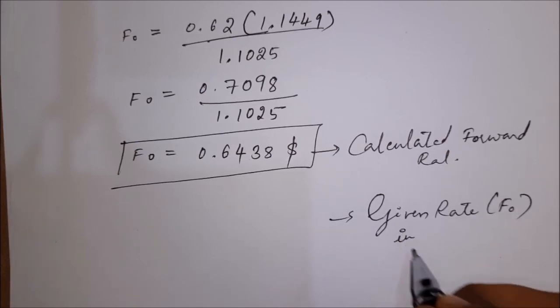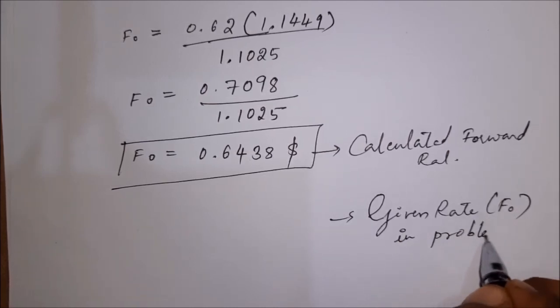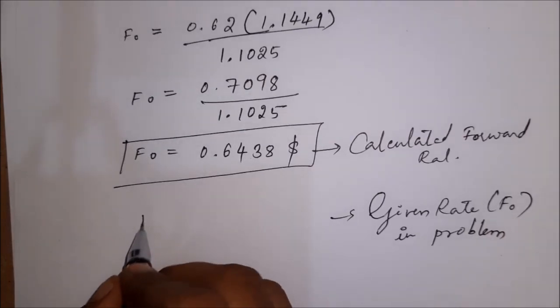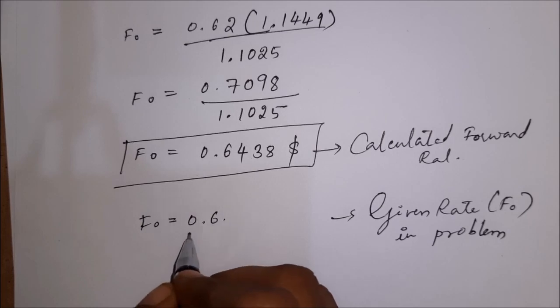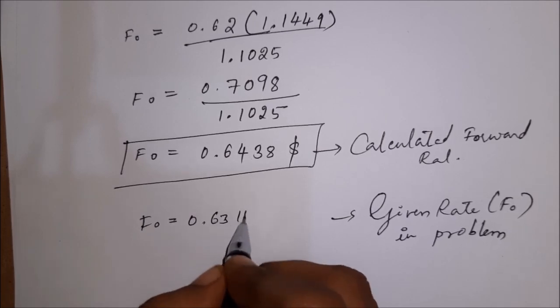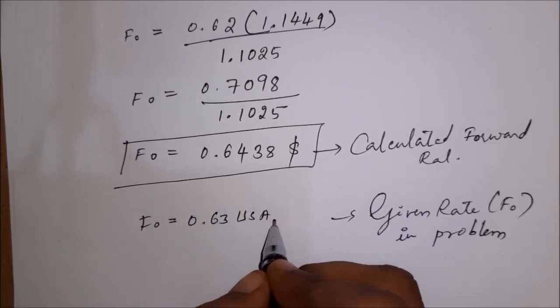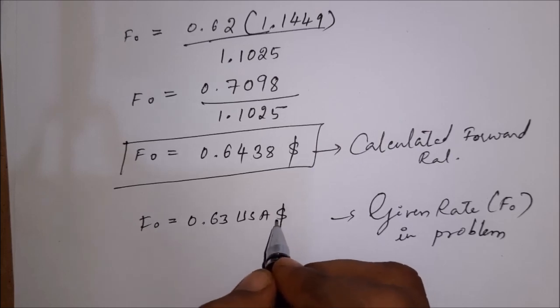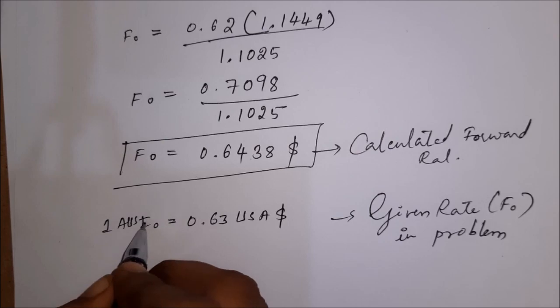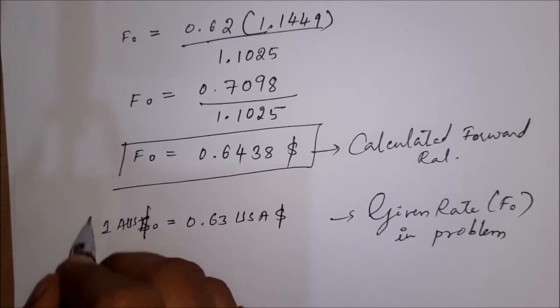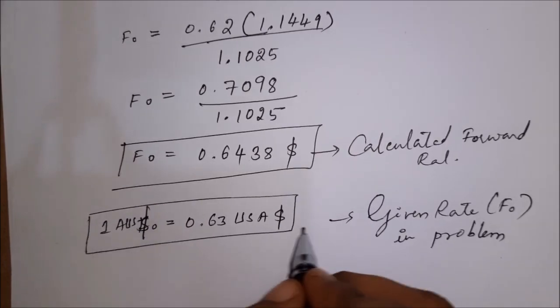Okay. Another forward or future price is given in the problem. The forward price is given in the problem, the quotation, the exchange rate, that is 1 Australian dollar is equal to 0.63 USA dollar. It is given in the problem.